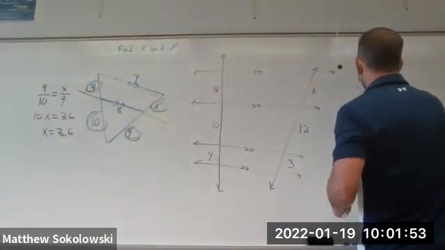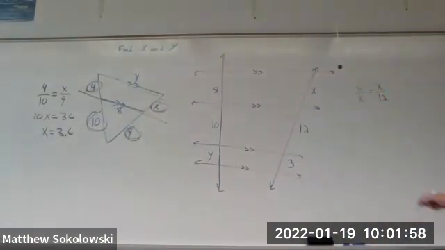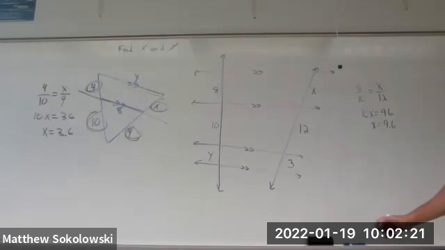Cross multiply. 10x equals 96. x equals 9.6. Give me a ratio to solve for y. Yeah, 10 over y equals 12 over 3.